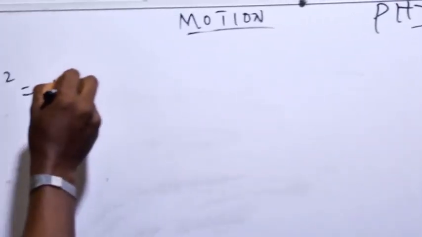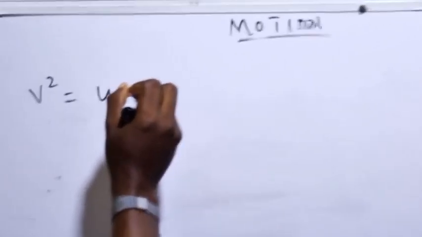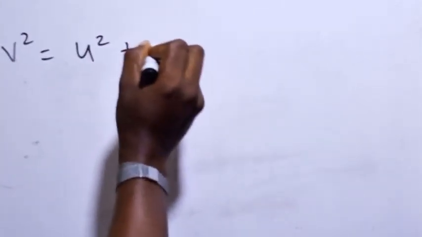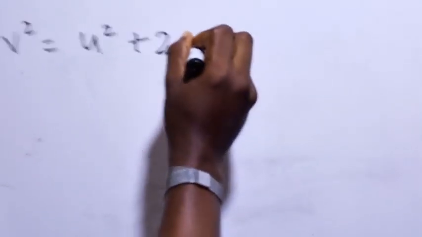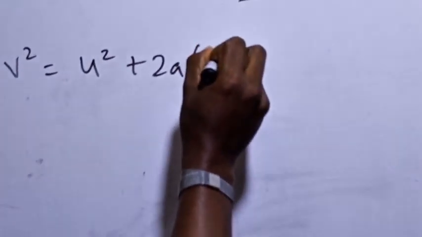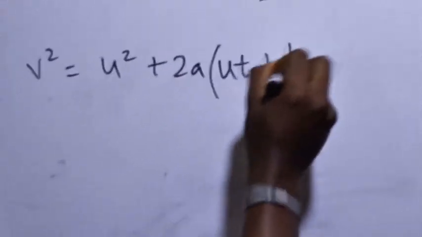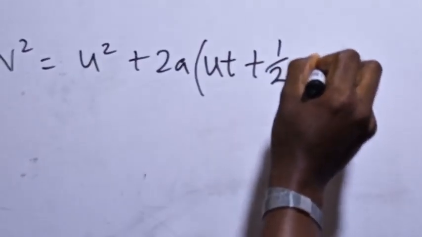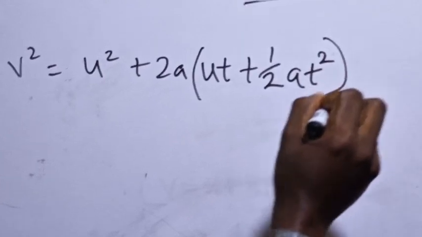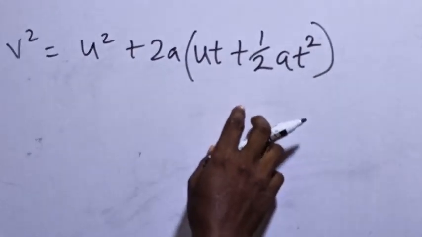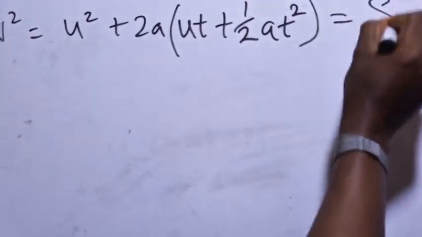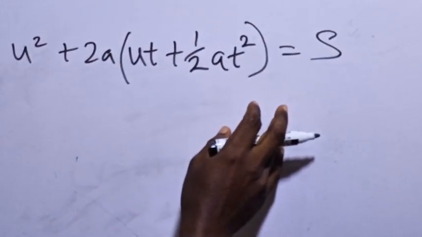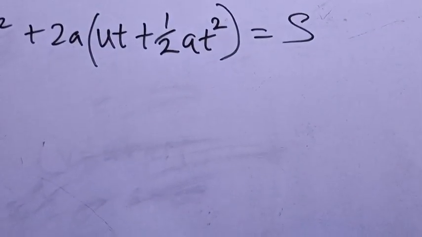Therefore, we have v square equals u square plus 2a into ut plus 1 over 2 at square. Now, ut plus half at square is equal to s, which is called distance. I think that was okay.